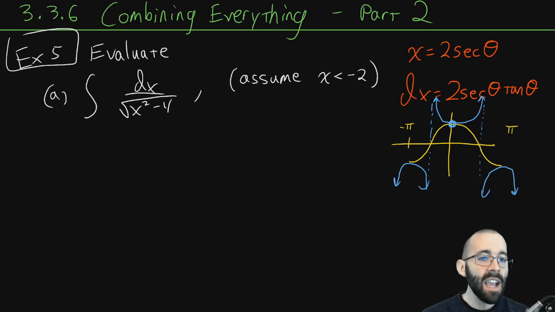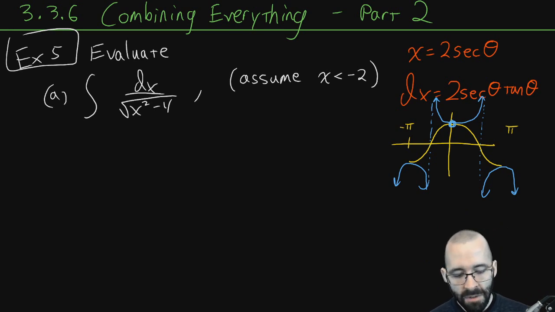So if x is negative, and x is an output of secant, what part of secant are we using? In our first example, I said that it's like either 0 to pi over 2 or pi over 2 to pi.